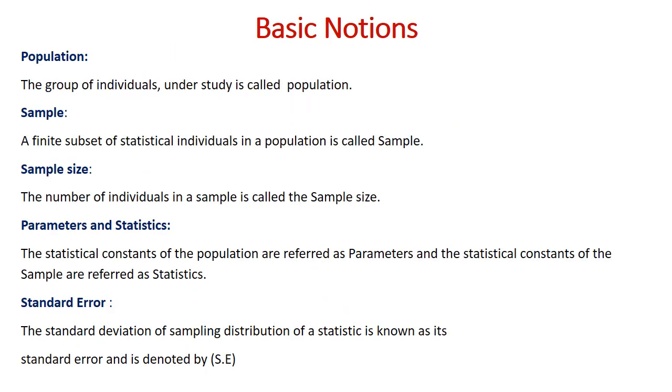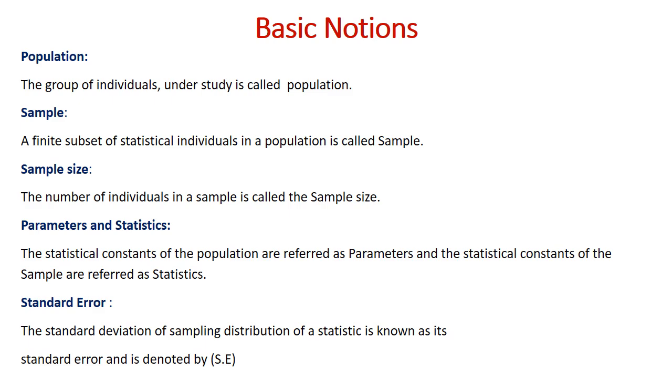So before going into the major sampling methods, first let us see about certain basic notions that are essential for understanding this testing of hypothesis. So what is meant by population in sampling? Group of individuals under study is called as population, and a finite subset of statistic individual population is called as sample.